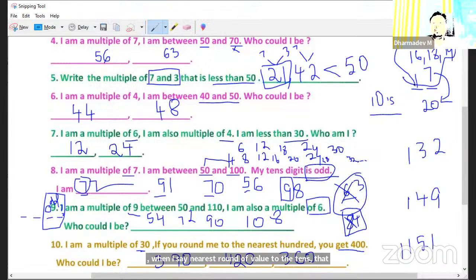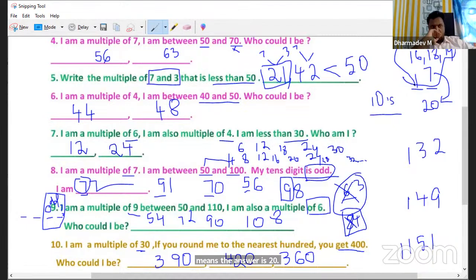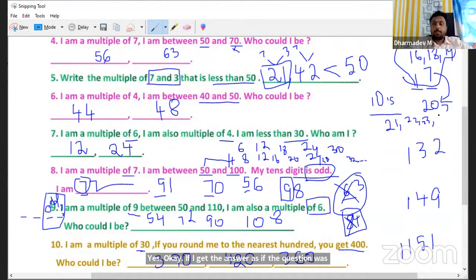Are you clear with that? If the question was about 21, 22, 23 and 24, what's the nearest tens place to round off this?